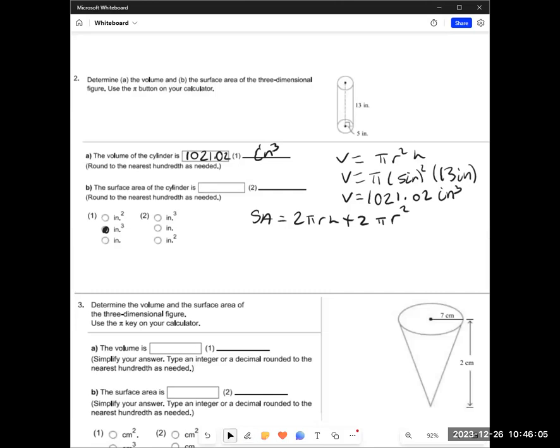So again, use your calculator here, and we're going to approximate. r is 5 and h is 13.